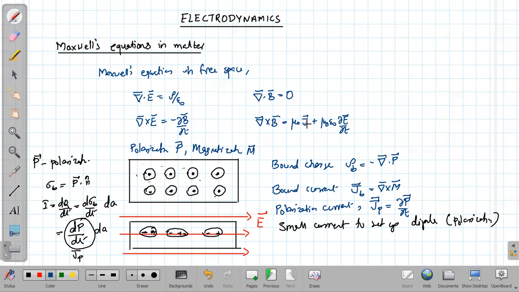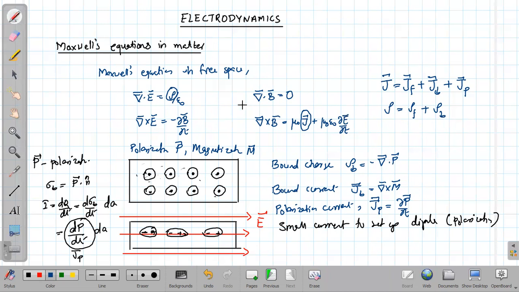So the J over here now comprises three currents: the free current plus the bound current plus the polarization current, and the rho will contain two quantities, the free charge as well as the bound charge.